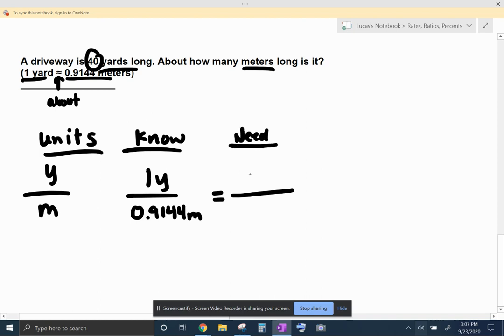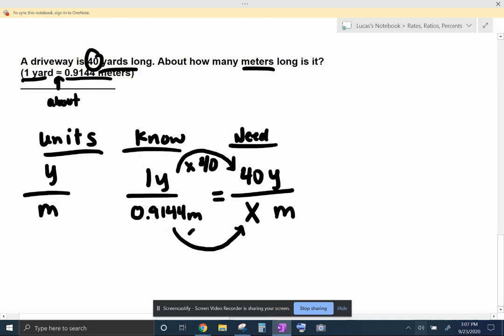We have 40 yards, and we need to know what amount of meters that's going to be. We could list out the 1 yards, 1 yards, 1 yards, and add those up, with the 0.9144 40 times. But all we really need to do is say, how do I go from here to here? This is an expansion of 40, or multiplied times 40. So that means this many meters needs to also expand by 40 to keep the same ratio.